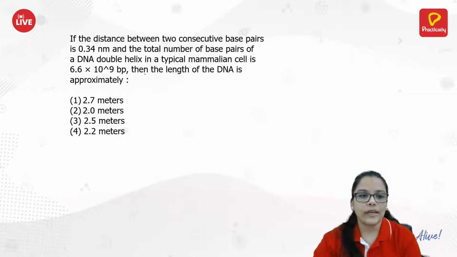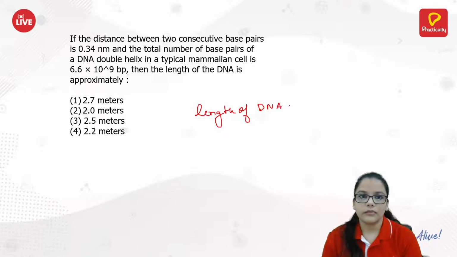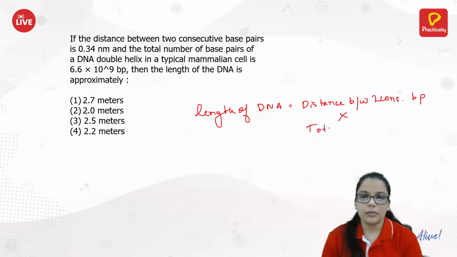Next. If the distance between two consecutive base pairs is 0.34 nanometers and the total number of base pairs in the DNA double helix in a typical mammalian cell is 6.6 into 10 to the power 9, then the length of DNA is actually the distance between two consecutive base pairs into the total number of base pairs.